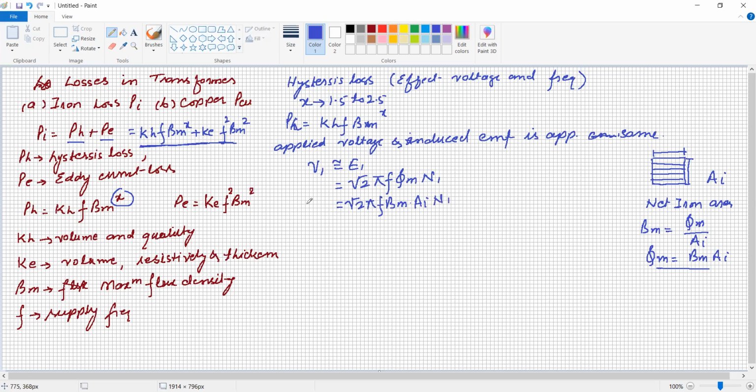Okay. So the hysteresis loss PH is equal to KH, the proportionality constant for the hysteresis loss, f Bmax raised to x.